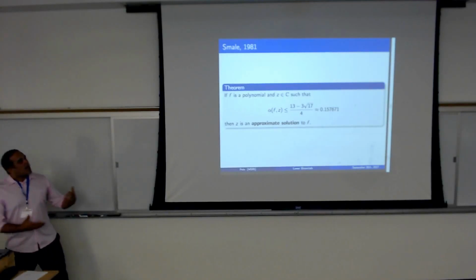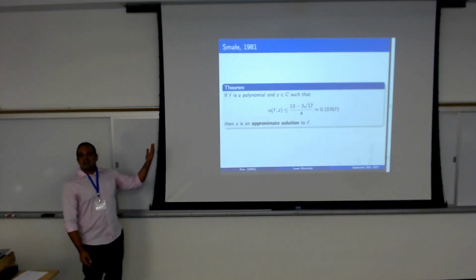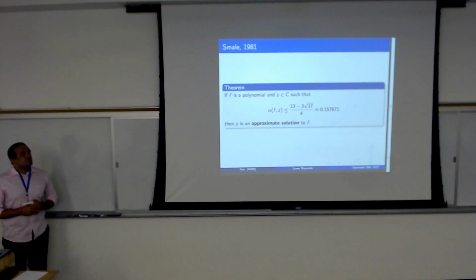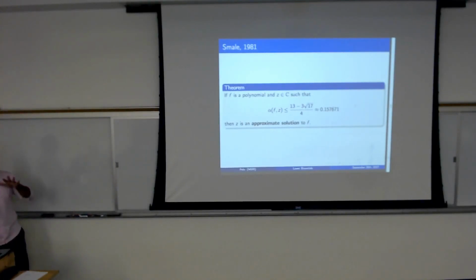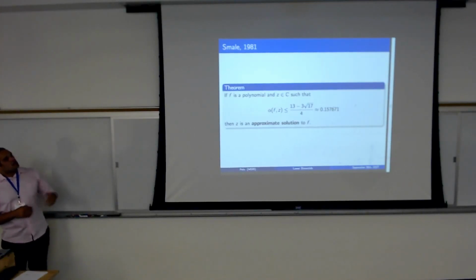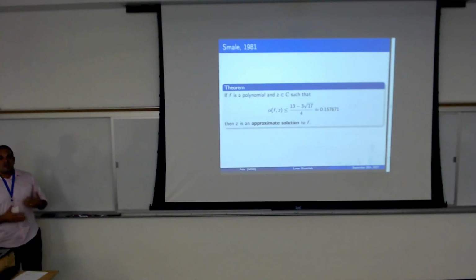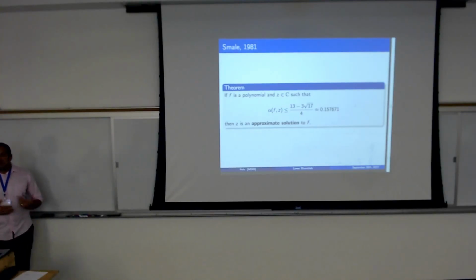Of course, I didn't define alpha because we basically use Smale's theorem as a black box. Basically, we start analyzing the roots of the lower binomials and plug them into this Smale function to see whether these roots are good approximations of the roots of f.